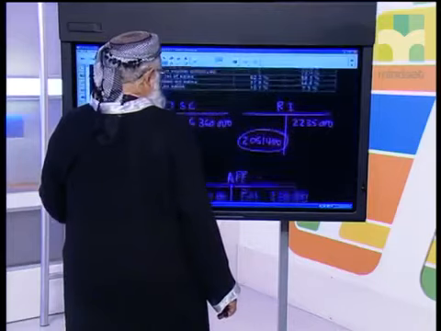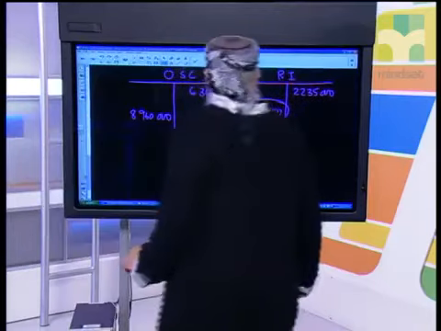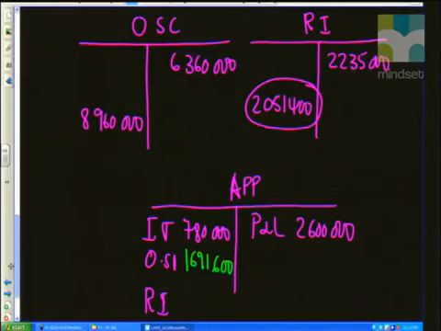Okay, guys, coming back to our accounts. Remember, there are different ways in which the appropriation account can be handled. I'm going to show you a method whereby you only use the following items. It's your profit and loss, your net profit before taxation. You bring in your income tax. You bring in your ordinary share dividend, right?